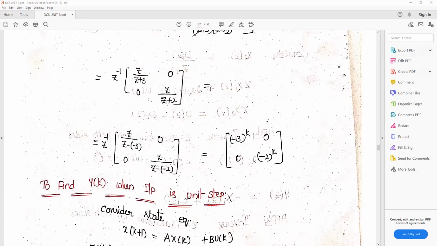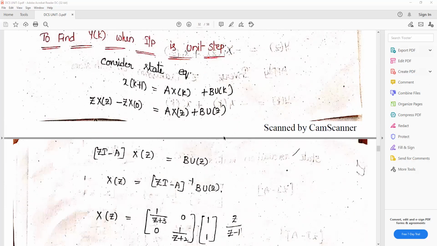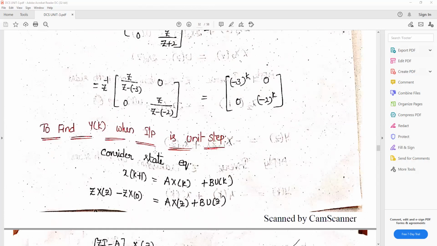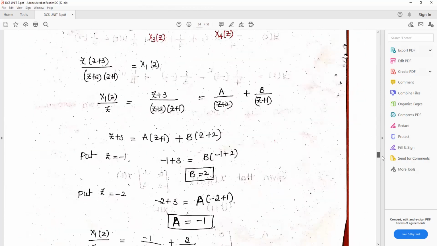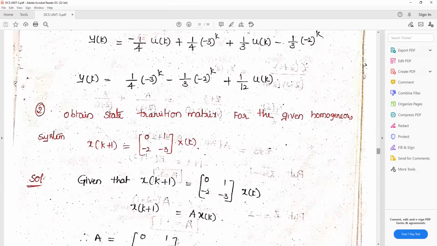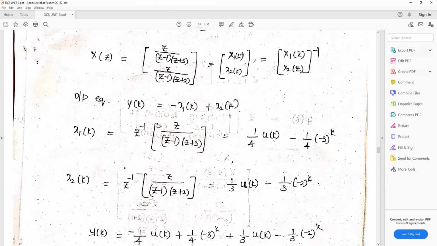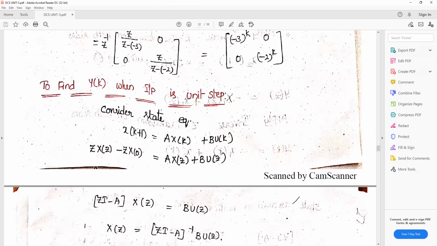And the last one: to find y of k when the input is given. The given input is u of k equal to 1.